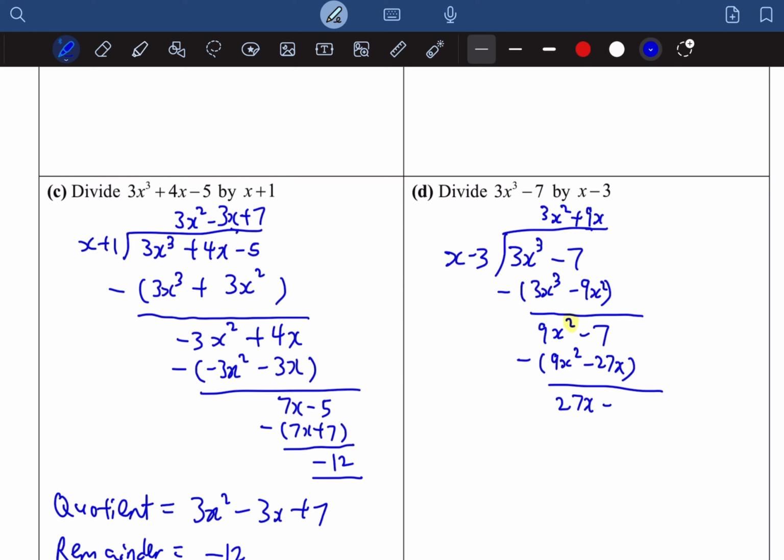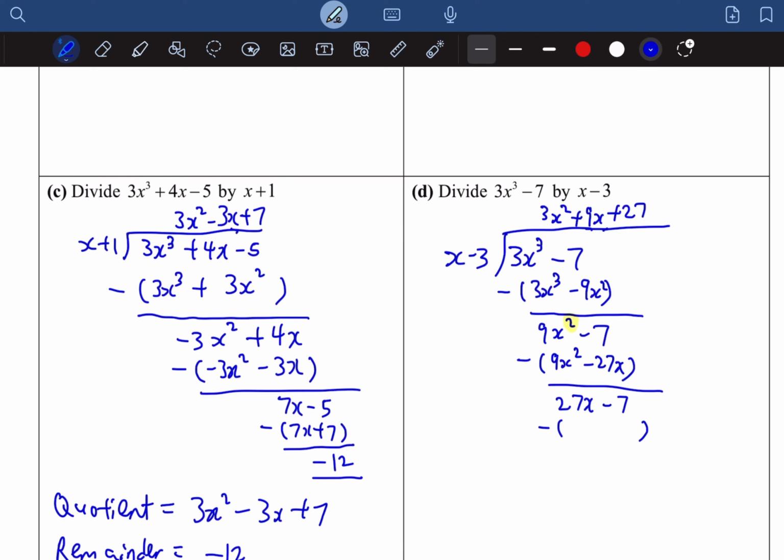So now we have 27x minus 7. After that, same thing here, 27x minus 7 has degree 1. Divisor degree is also 1, so we cannot stop here. We have to proceed. So now I have a minus 27x here, so I must have positive 27.